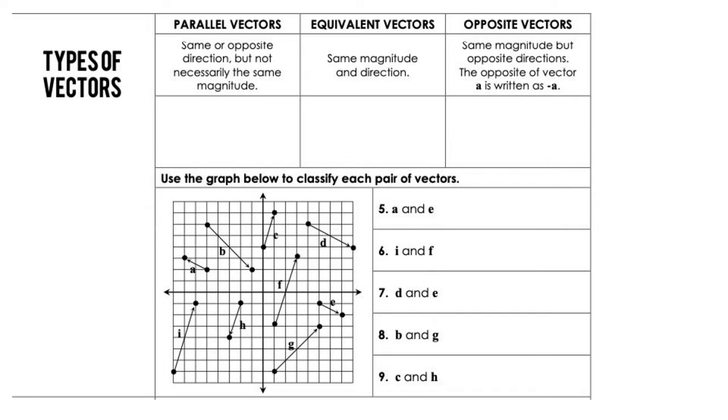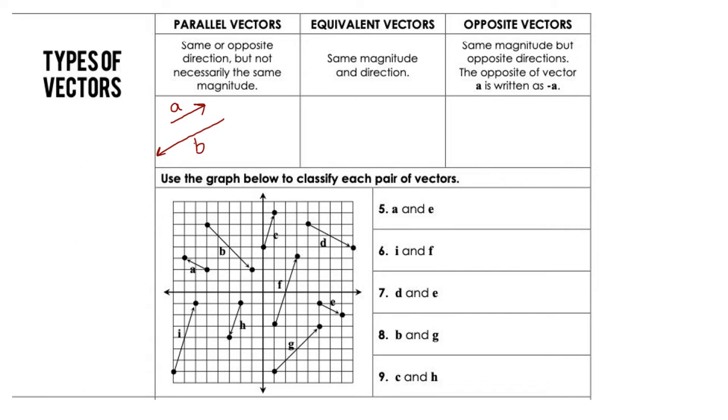So in other words, you could have vector A going this way, and then vector B going something like this. And notice they do not have the same magnitude. They don't have to have the same length. However, they have the same or opposite direction. That is parallel vectors.